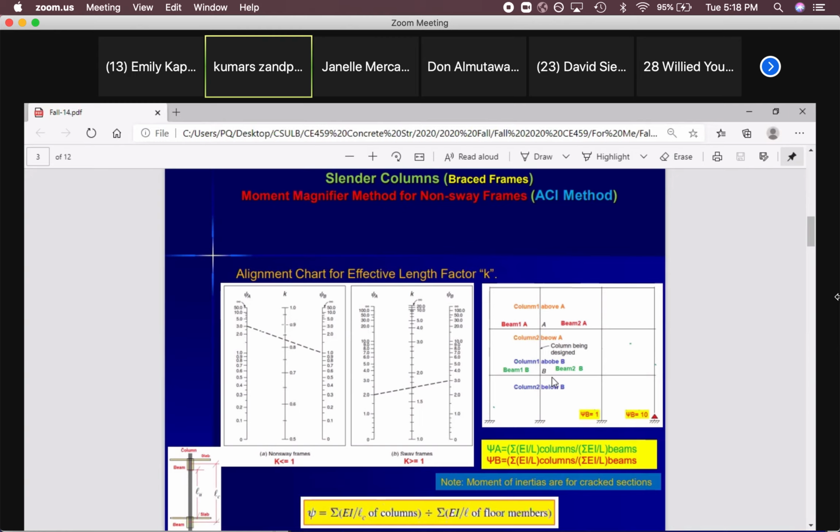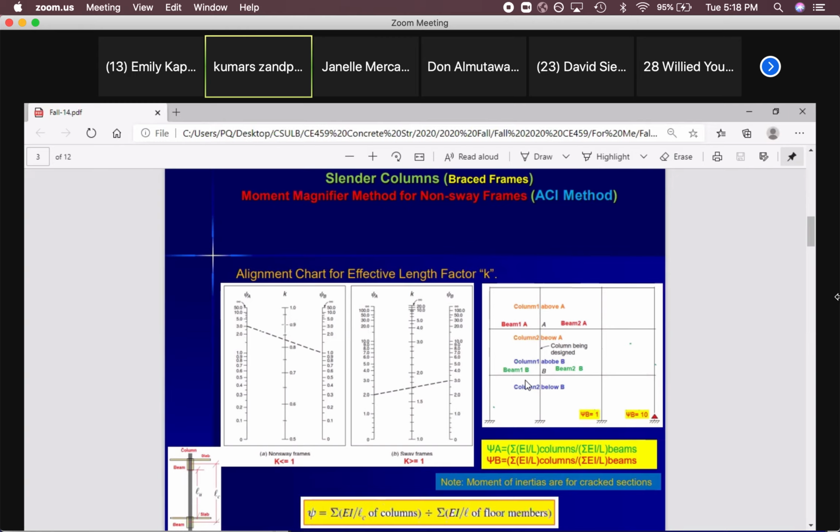And we want to find the K factor for this column AB. All the columns must be designed, so I will go with this one. I want to calculate the K factor for the AB column in this frame. So it means that I know the size of the column, I know the size of the beams, I have all this stuff.